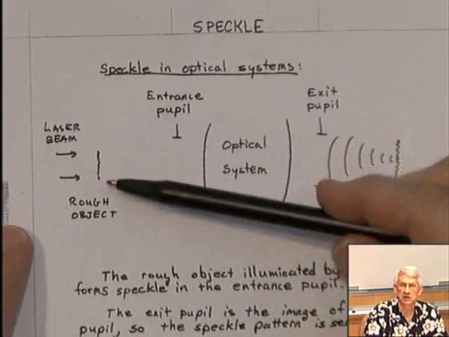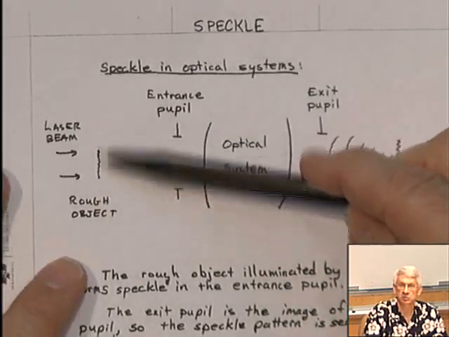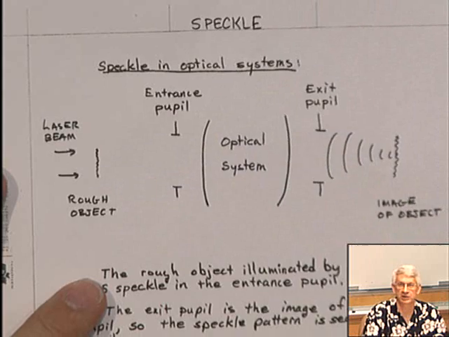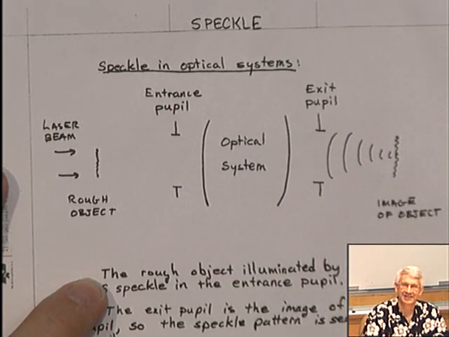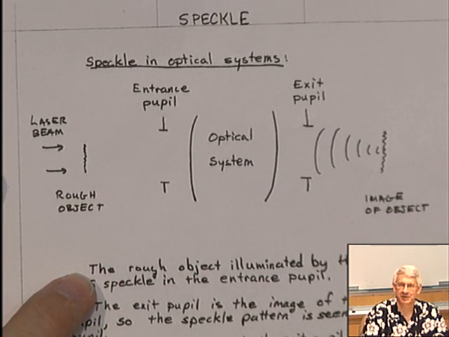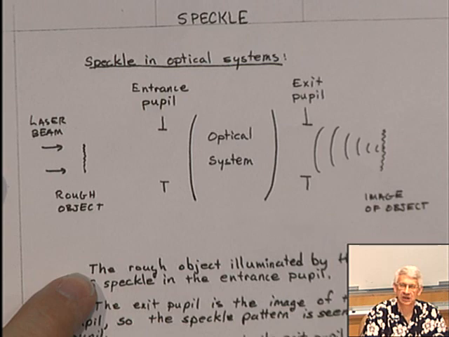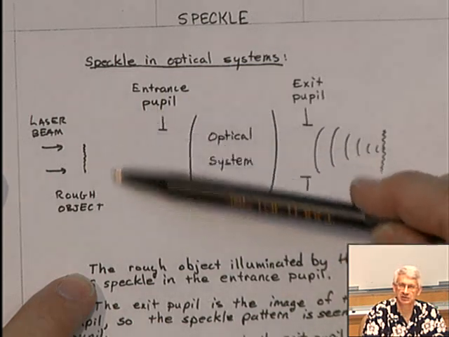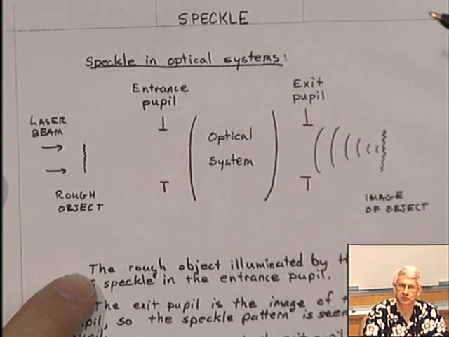Okay, let's say we have a laser beam illuminating a rough object. Now, actually, there's a lot to this that I'm glossing over, but I'm just giving you some of the high points that are generally applicable. And you have to take, for example, if the object is a fractal surface, there's a lot of things to consider.